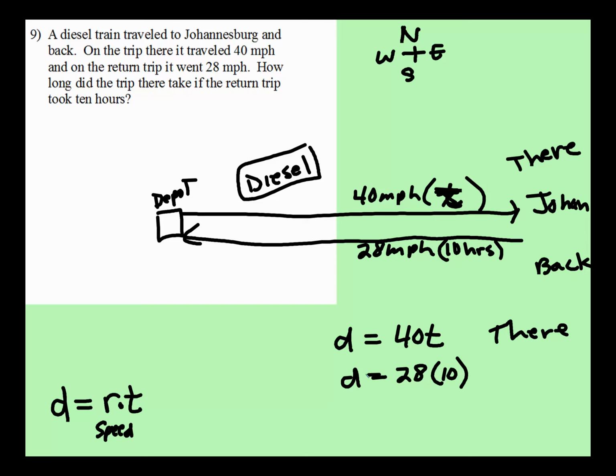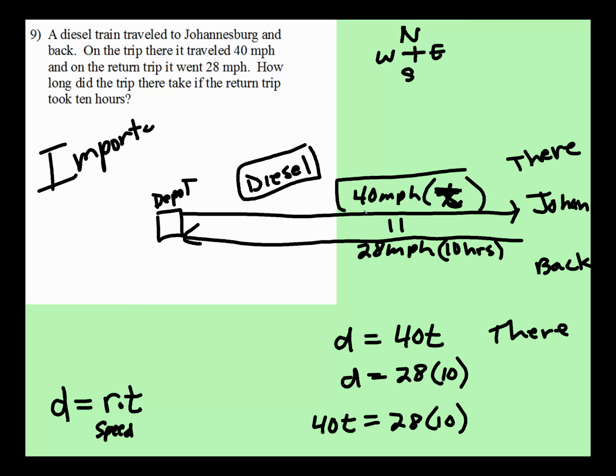Well, if these two distances are the same, just set them equal to each other and then solve for t. So that is the setup. The most important piece is if you draw the diagram, look, you can just say, oh, this is equal to this, and then write the equation.